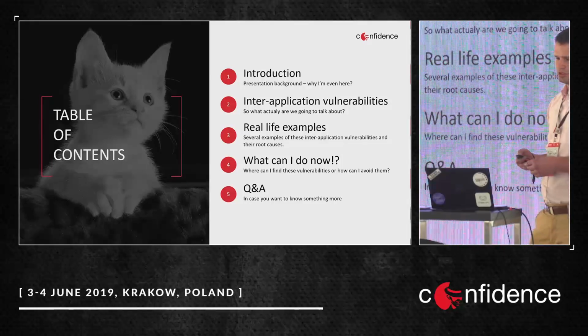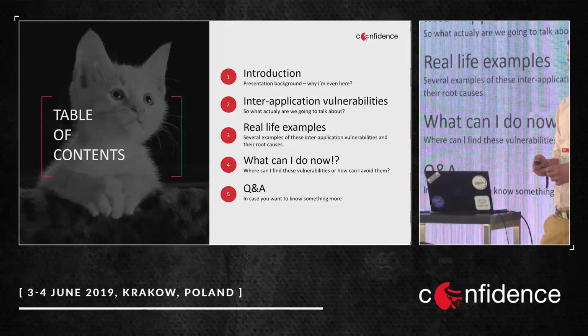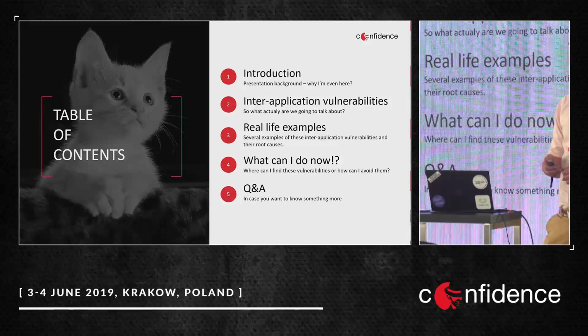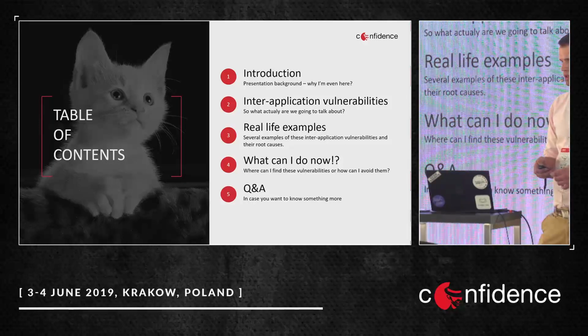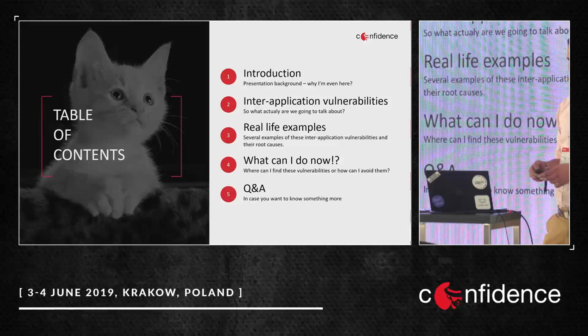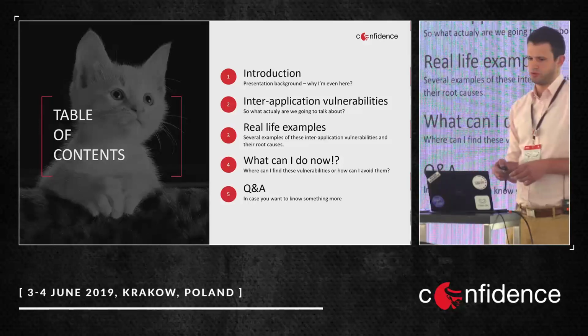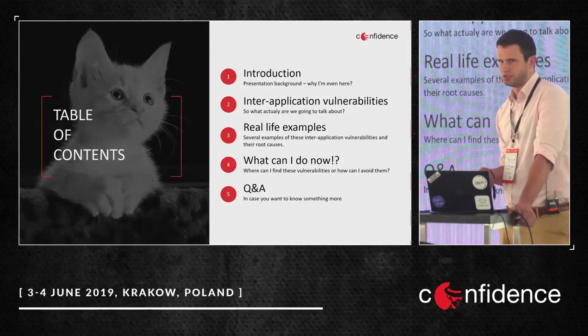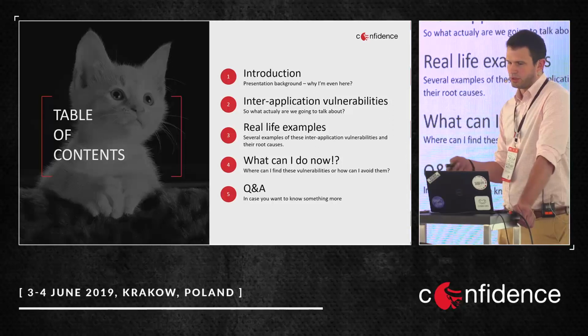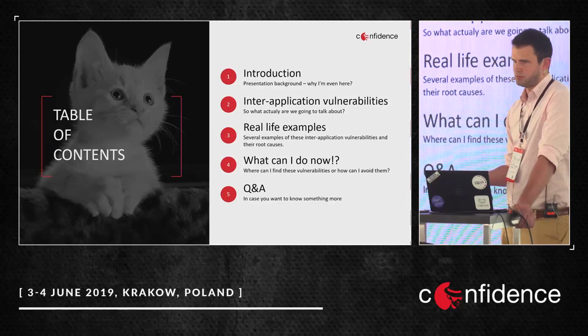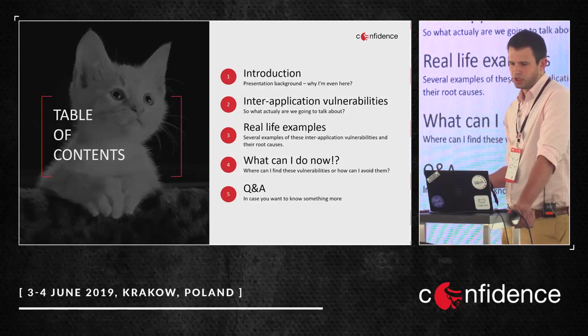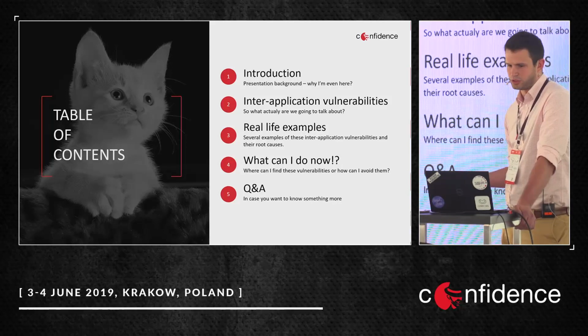Then we'll jump directly to a couple of real-life examples which were identified during independent bug bounty hunting. And because I believe that each presentation should end with some takeaway, with something that you can use right away during your own research, I will share some things which you may find useful later on.